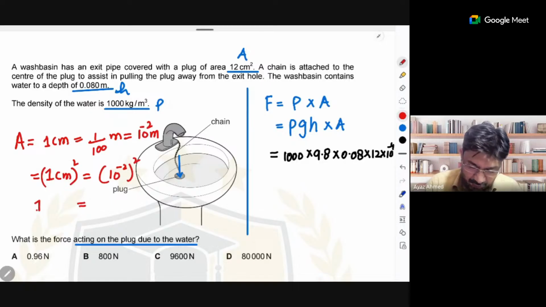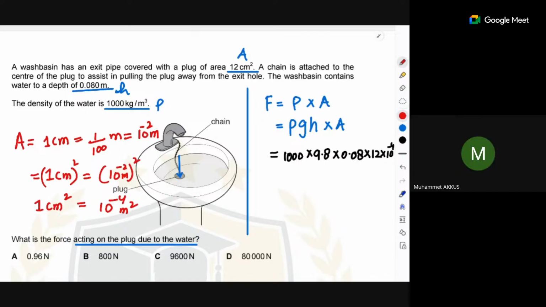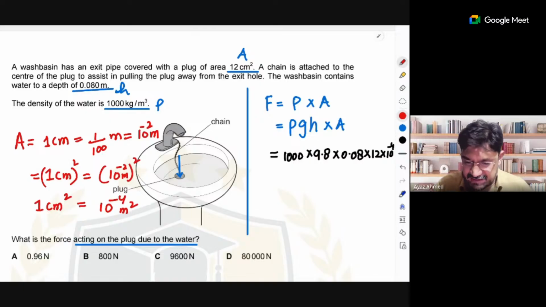So that proves that 1 centimeter square is equal to 10 power minus 4 meter square. Is this clear to everyone? Yes, Muhammad, Ibrahim, Raid, Ariba. Is it clear to all of you? Yes, sir. Good. So what was the answer?